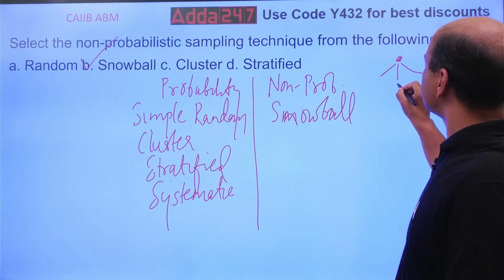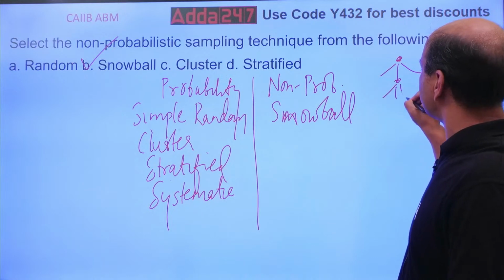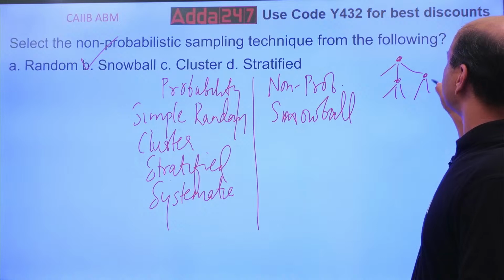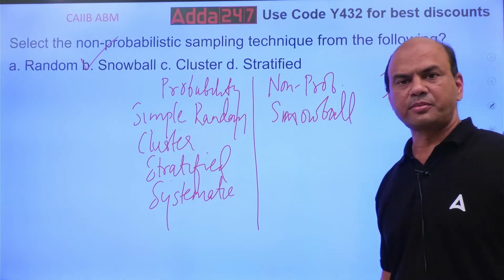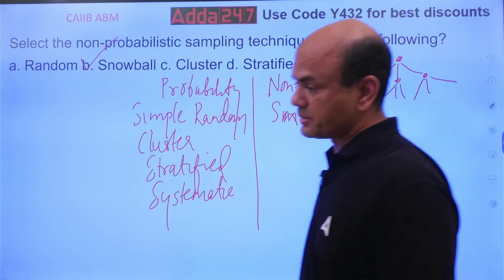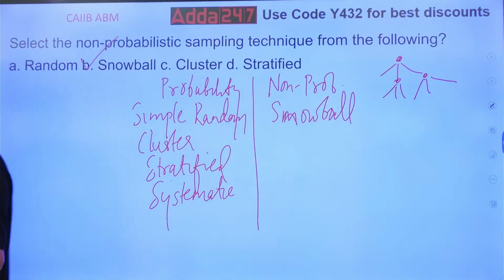You tell each respondent to find 3 more respondents, like MLM, multi-level. Respondents themselves bring the new respondents. So that is snowball. Got it?